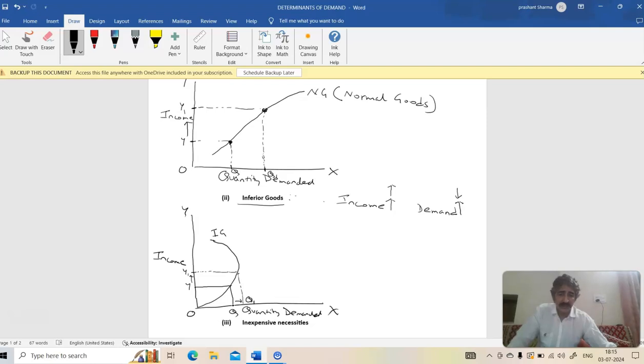Now, initially when the income of the poor consumer rises, he will buy more quantity of this inferior good. Now his income rises further. As you can see, from Y1 it rises further and it reaches, let's say, Y2. Now he is no more under the category of poor person. So what will he do? Now he can afford.